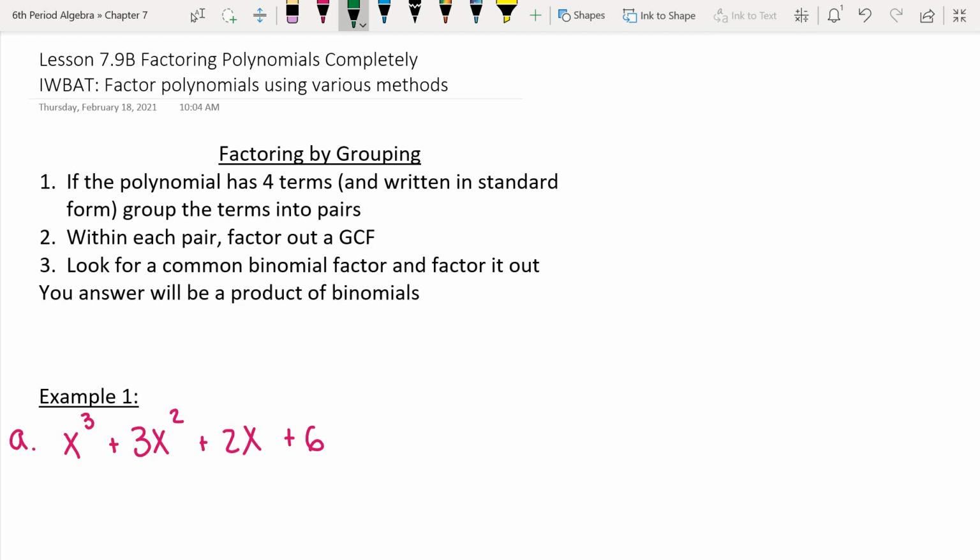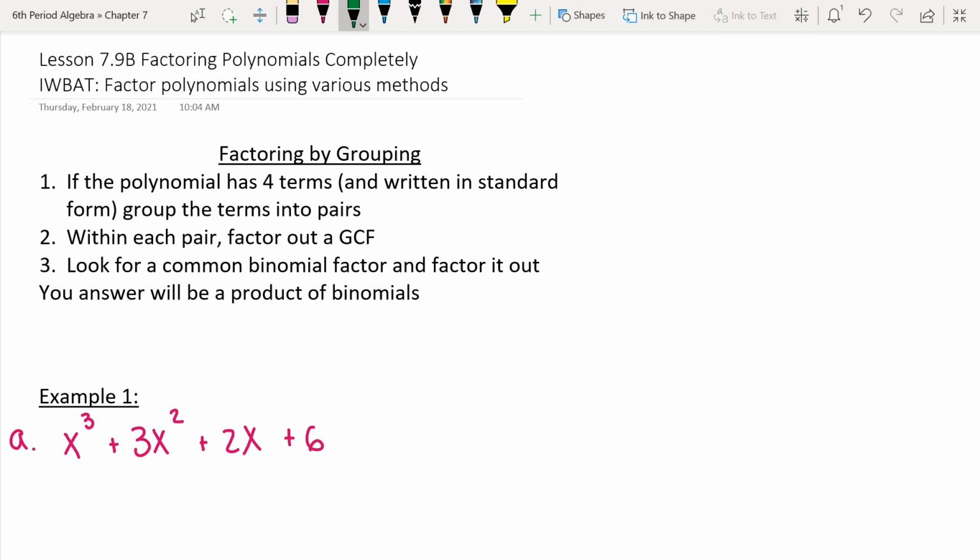But what you'll end up seeing is that there's a common binomial factor, binomial meaning it has 2 terms, and when you're able to identify what that is, then you factor that out. In the end, your answer will still look like a product, meaning something being multiplied, of binomials, so something that has 2 terms. In the end, it'll look like our answers that we've seen before in the last few sections. Just takes a few more work and a few more steps.